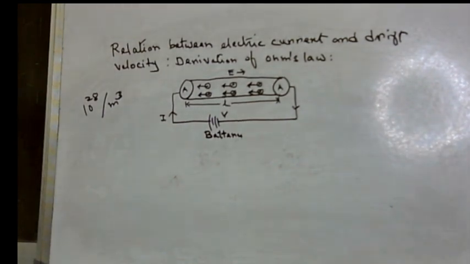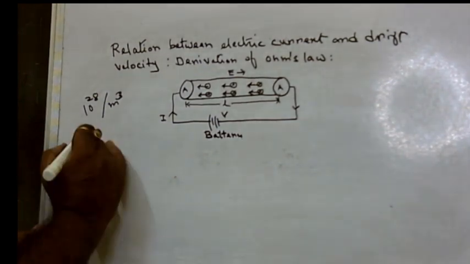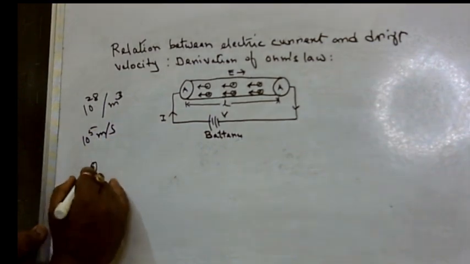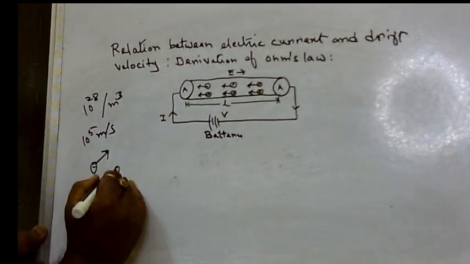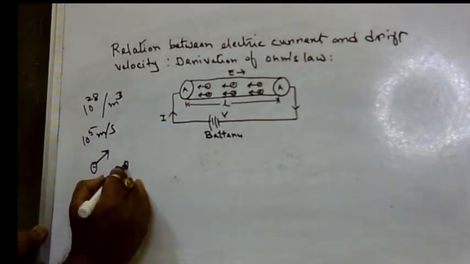Remember the word thermal energy. At room temperature, they move with velocities of the order of 10 to the power 5 meter per second, randomly in all sorts of directions.